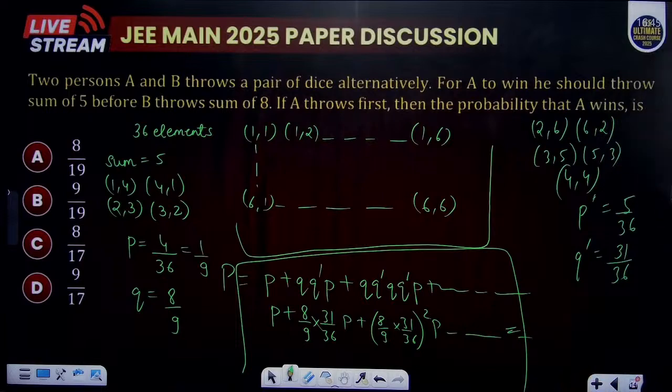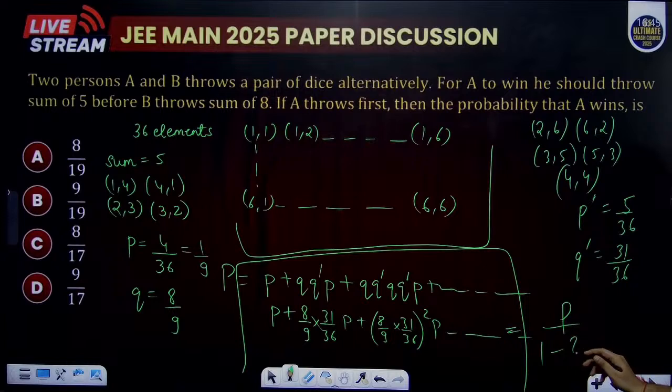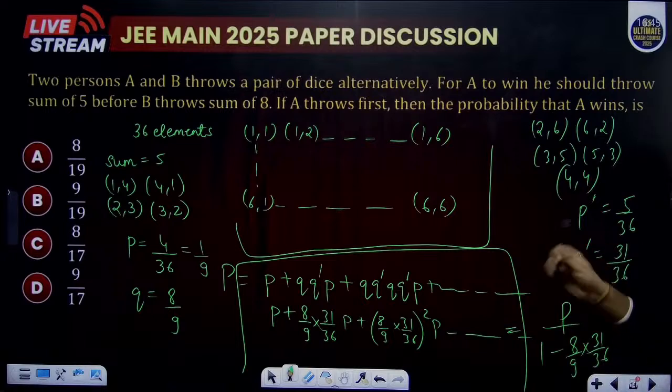A upon 1 minus R. So A upon 1 minus R, that means A, that is P, upon 1 minus, what is the common ratio? 8 by 9 into 31 by 36. Now it's time to substitute the value of P. P is your 1 by 9.